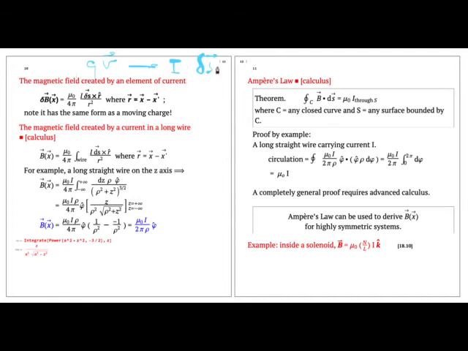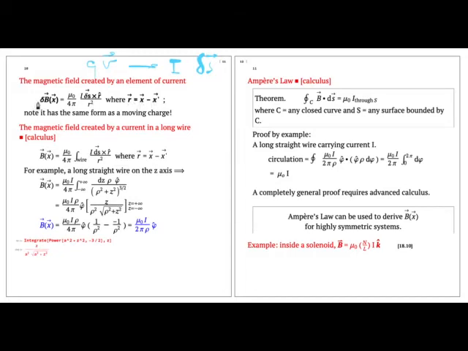This corresponds to a large number of charges making up a current I in a section of the wire of length ds. So here's the magnetic field created by a little section of wire. It's mu naught over 4 pi, I ds cross r hat over r squared. Again, r is x minus x prime.